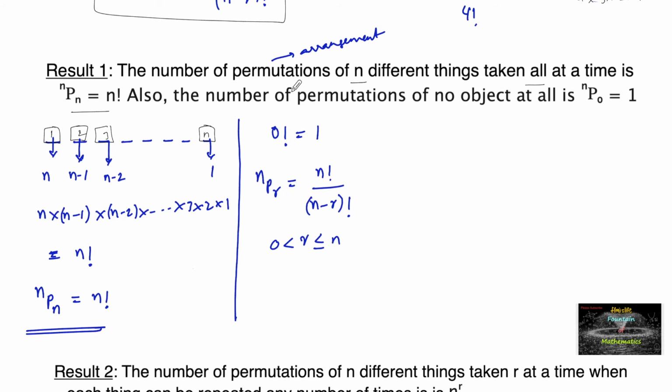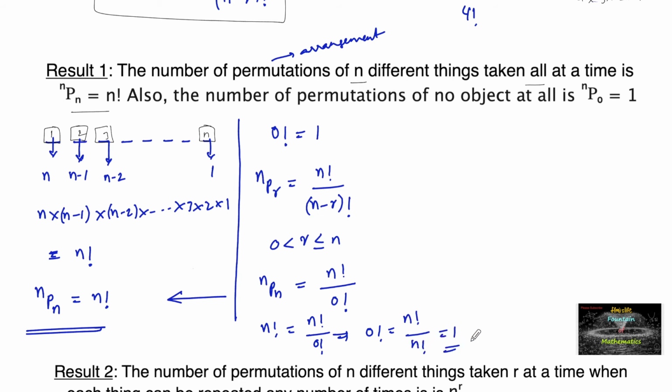And if you want to select all, the number of permutations of n different objects taken all at a time, that is nPn, is equal to, we can write it as n factorial upon n minus n factorial, which is 0 factorial. And here we have got that nPn is nothing but n factorial. So we can write n factorial is equal to n factorial upon 0 factorial. So from here, cross multiplication, 0 factorial is equal to n factorial upon n factorial, which is equal to 1. So from here also we can prove 0 factorial is equal to 1.